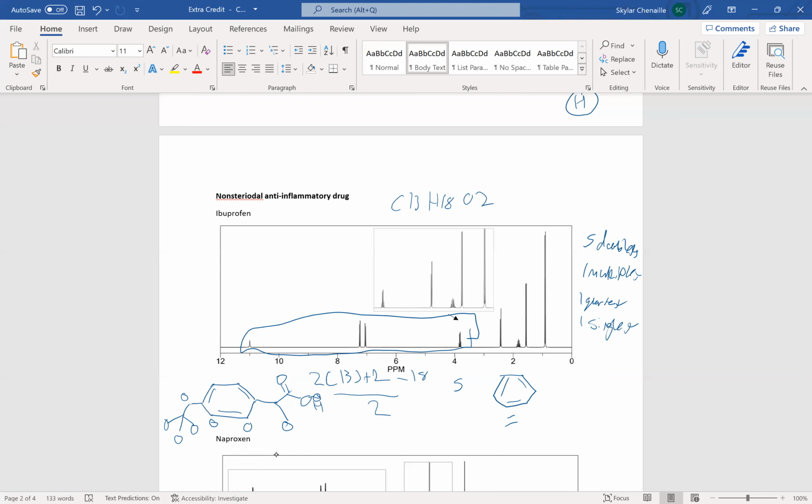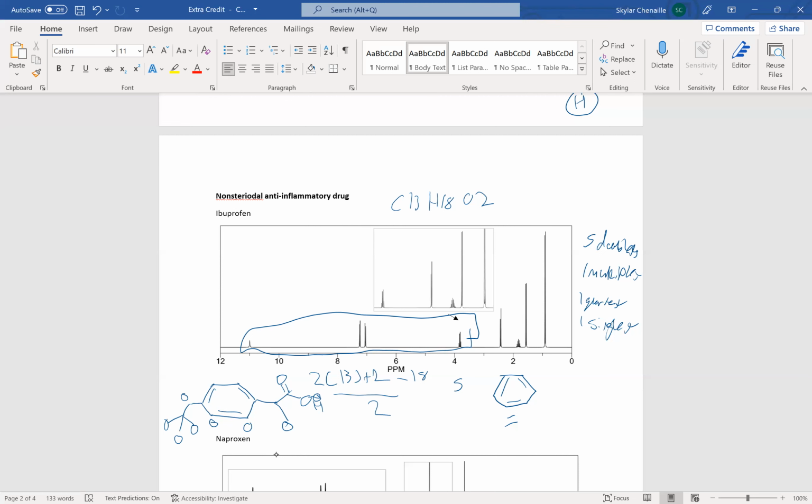Now, the reason I think we'll have these two oxygens here is because that would line up perfectly with what we need over here. So this singlet is going to be this carbon right here in the center that doesn't have any hydrogens attached, which works out great for us. Let's go through and figure out what other groups we're going to have hydrogen-wise here, just to make sure we're going to have enough readings.